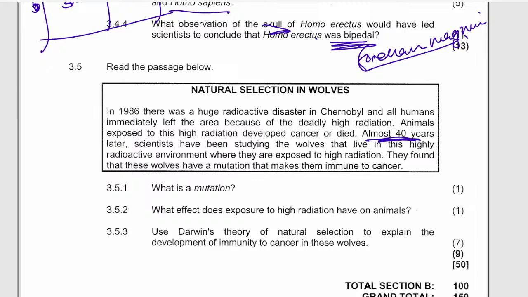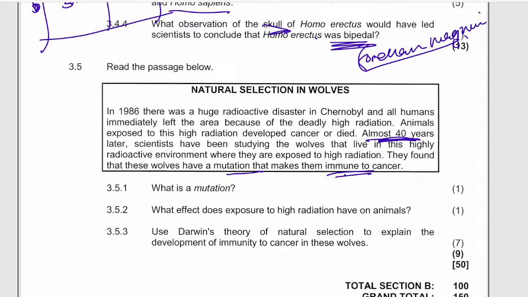Almost 40 years later, scientists have been studying the wolves that live in this highly radioactive environment where they are exposed to high radiation. They found that the wolves have a mutation that makes them immune to the cancer. Immune to the cancer, meaning that even if they have cancer, they are not being affected by it.